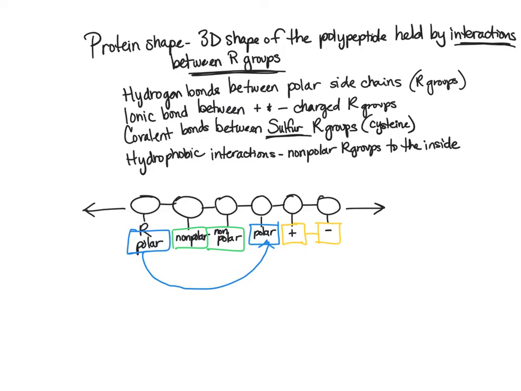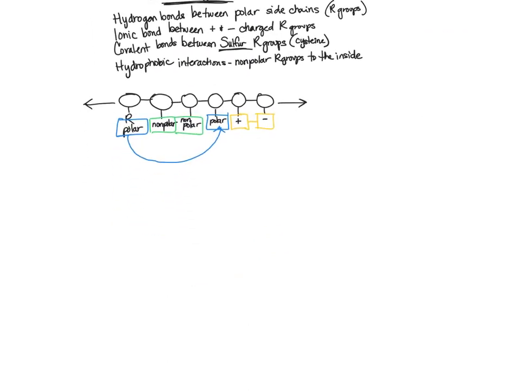So now I want to go through some general ways that we make the protein. There are different steps to making a protein that we'll go over briefly. So we start off with our primary structure. Our primary structure is just the sequence of amino acids.